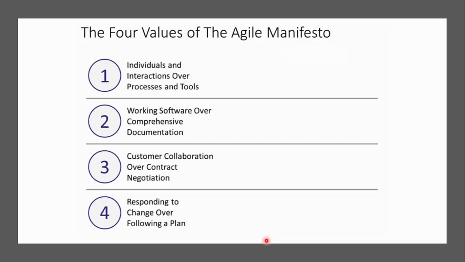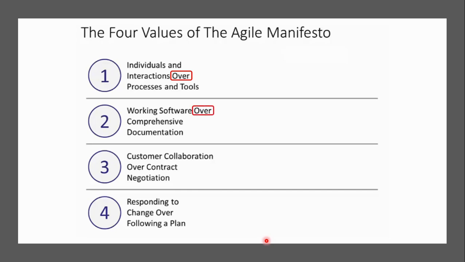The first one is that there should be more individual interactions, more interactions between people, the customer, and the development teams, over process and tools. Without getting bogged down in processes and tools, there should be more and more interaction with the customers in order to understand the need of the solution that they're going to deliver.